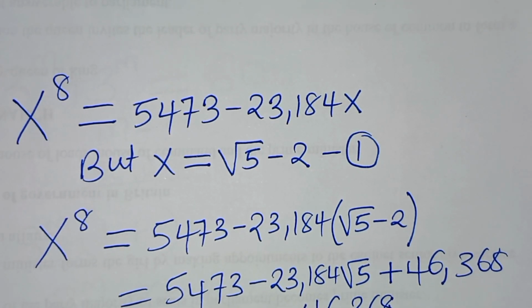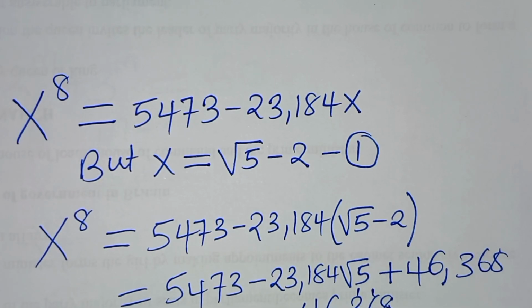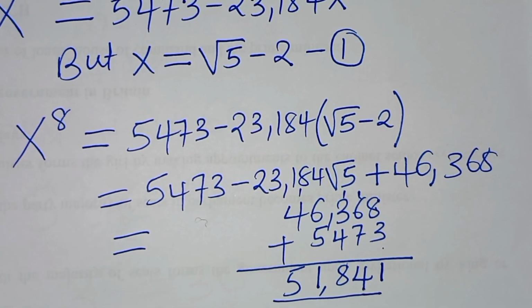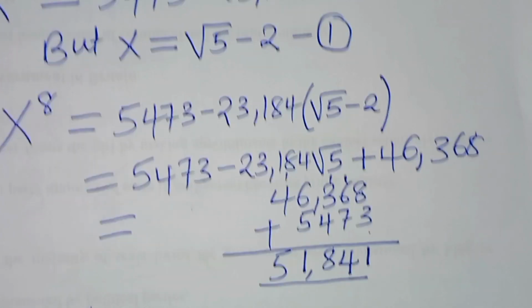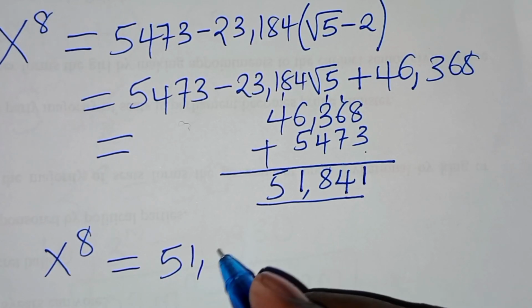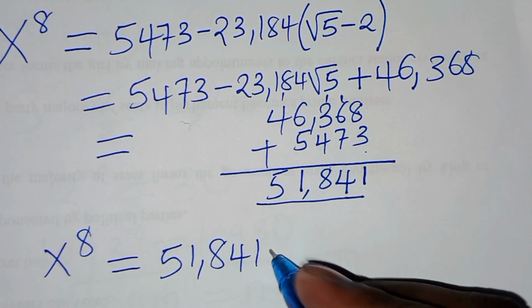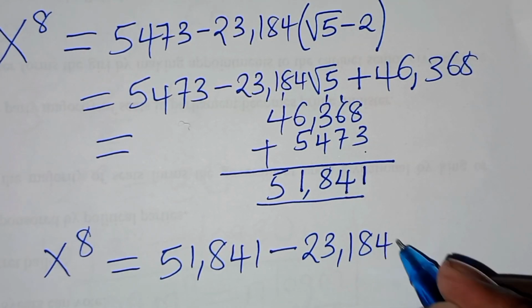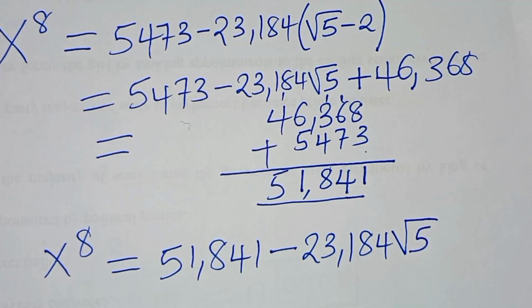So this is 8 plus 3, this is 11, carry 1 here. So this is 14, carry 1, this is 8, 4 plus 3, 7 plus 1, 8, then 6 plus 5, this is 11, carry 1. So this is 51,841. So this implies that x to the power 8 is equal to 51,841 subtract 23,184 square root of 5.